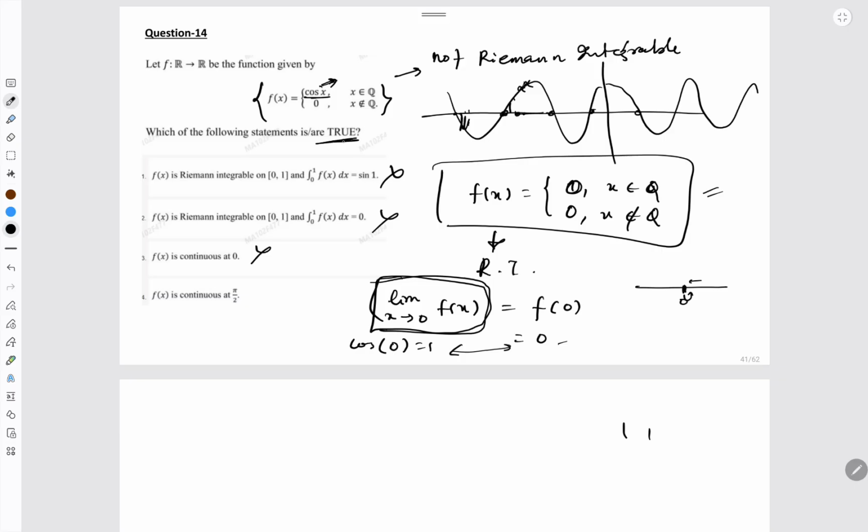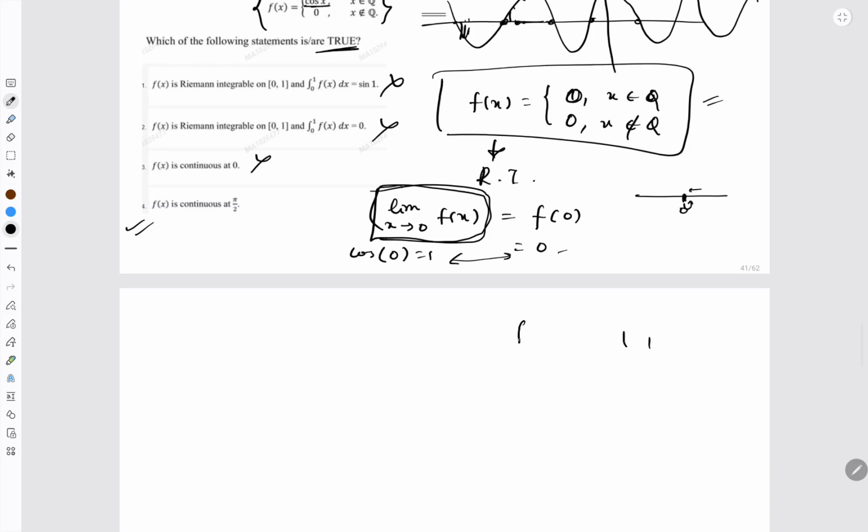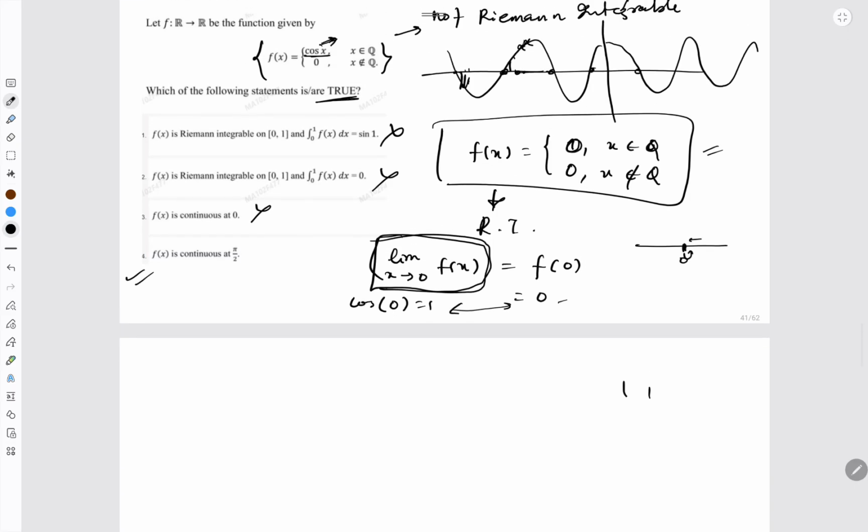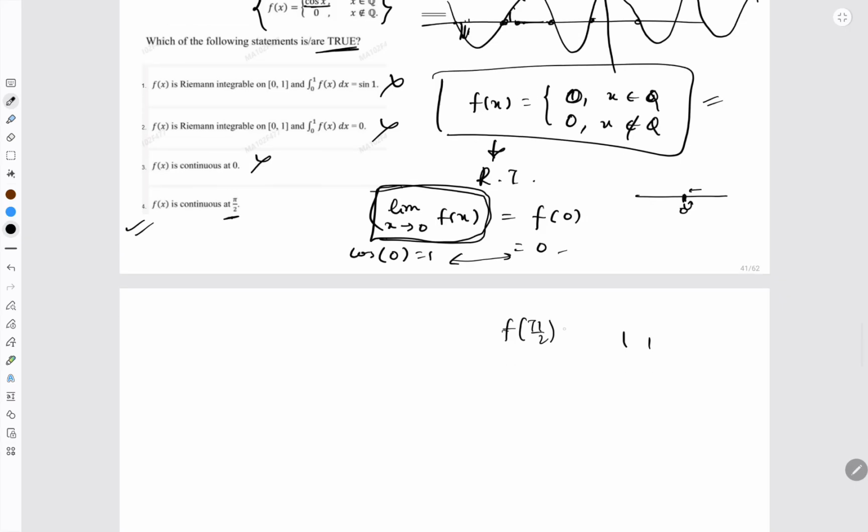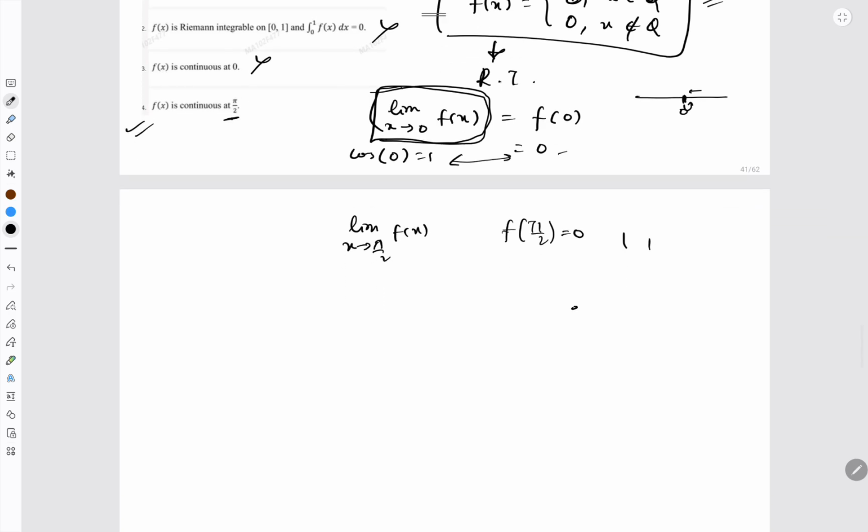So the only statement that is true is this one, because pi by 2 is an irrational number, right? So f of pi by 2 is 0, because for an irrational number I'll take the definition as 0. Now the limit as x tends to pi by 2 of f of x. If I am approaching pi by 2 from the left and right hand side, I might encounter lots of rational numbers as well.